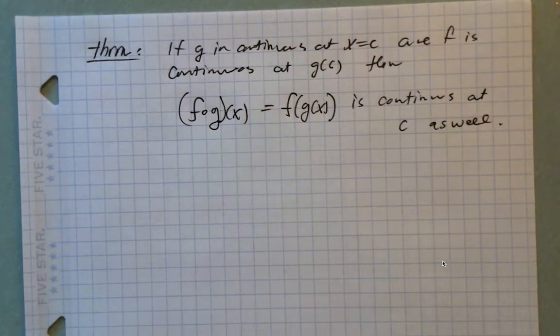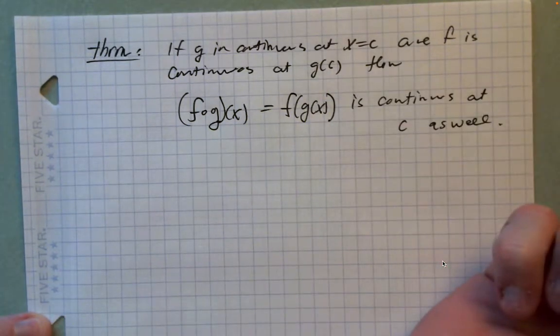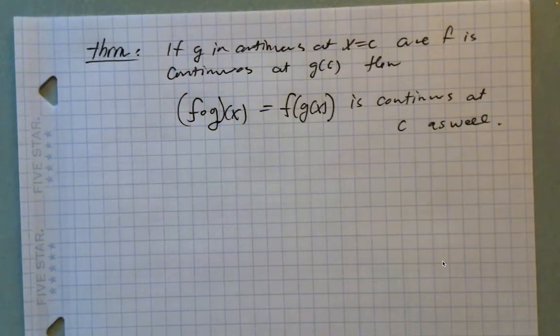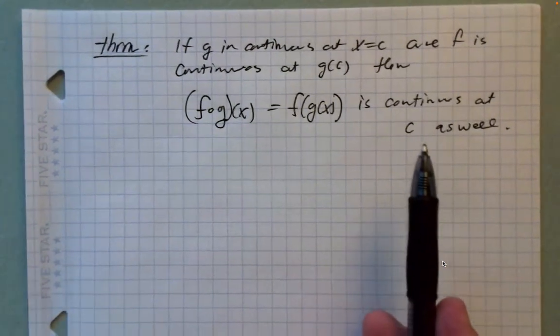Okay, so if you have a function g that's continuous at x equals c, and if f is continuous at whatever g of c happens to be, right, then the composition of the two functions is naturally going to be continuous at c as well. Hopefully this is kind of obvious, right?